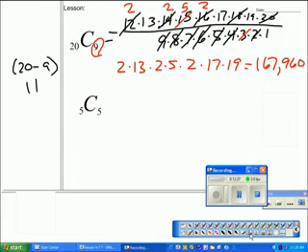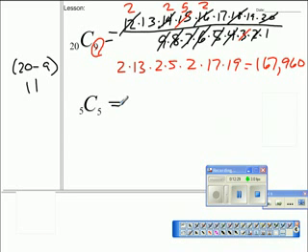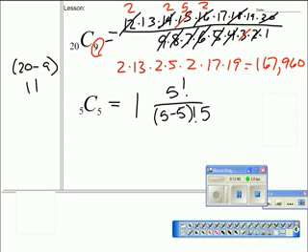Why does this work this way? In combinations, when these two numbers are the same, it's 1. Why is that? Because you have 5 factorial over 5 minus 5 factorial, which on a permutation would be 0 factorial, but you have this extra 5 factorial out there. 5 minus 5 is 0 factorial, so that is 1. 1 times 5 factorial is just 5 factorial, so I have 5 factorial over 5 factorial, which is 120 over 120.